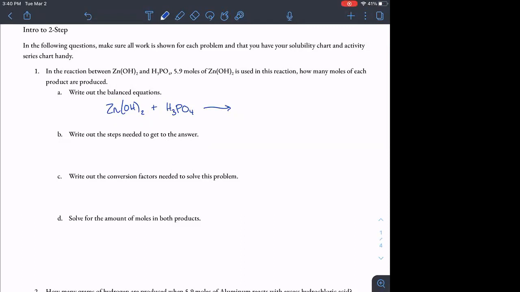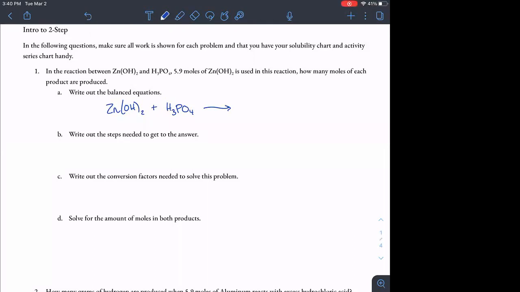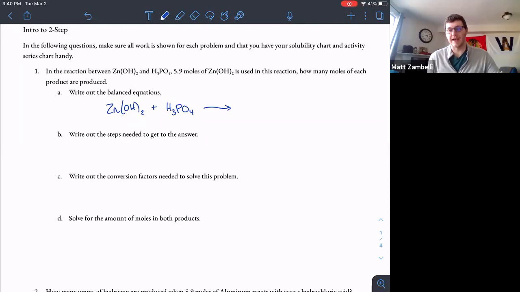Two. +2. Awesome. What's the charge on phosphate? -3. -3. So what is my compound?